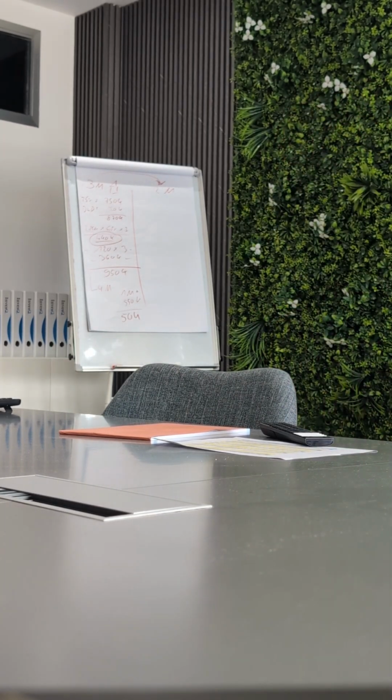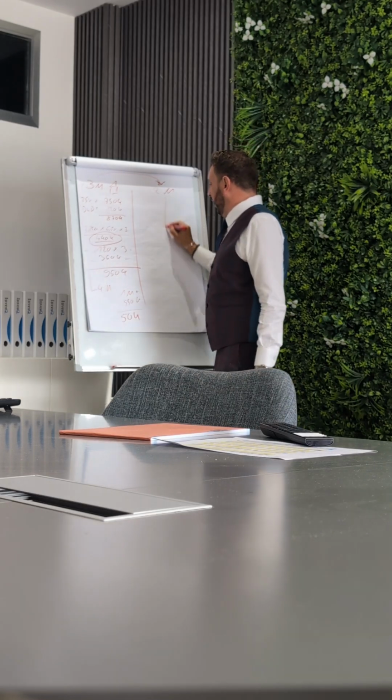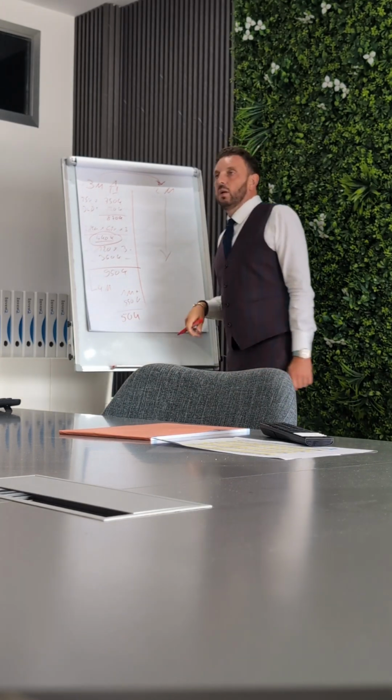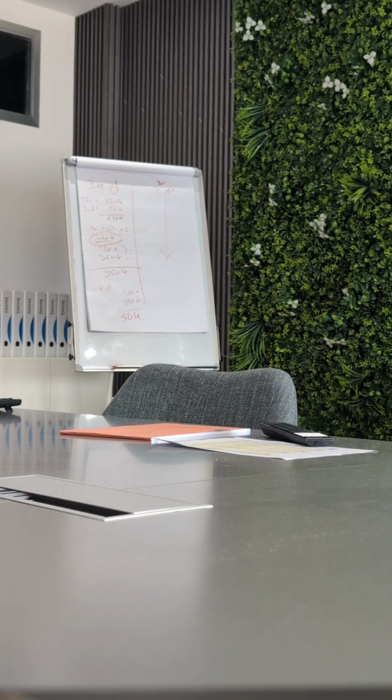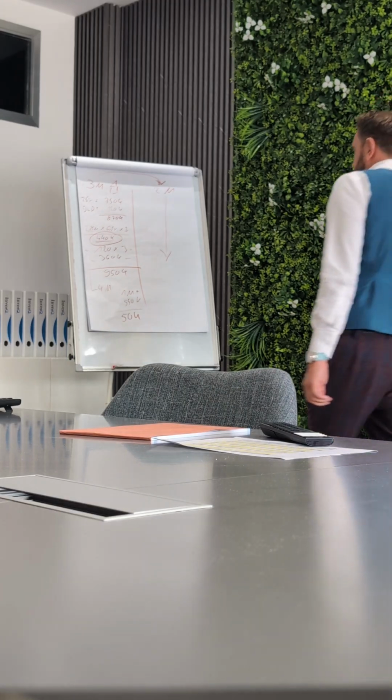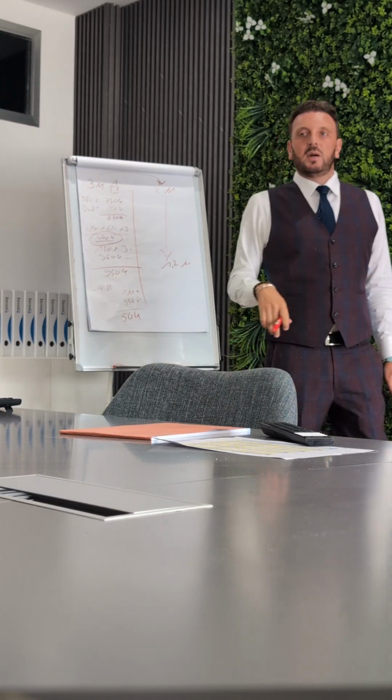Okay, so how much do you need to pay for this apartment until handover? 60%? How much is 60% of 2 million? Yeah, 1.2. You need to pay 1.2 for this one.